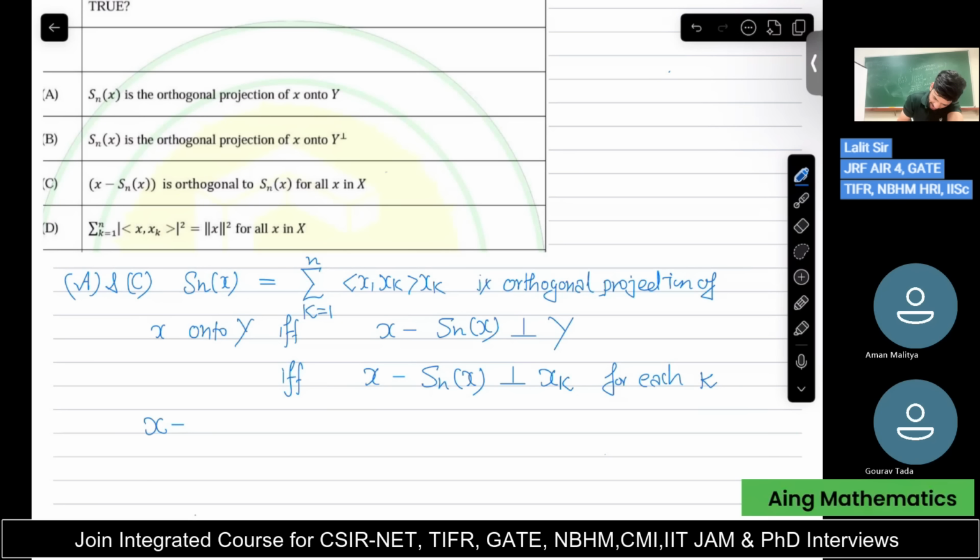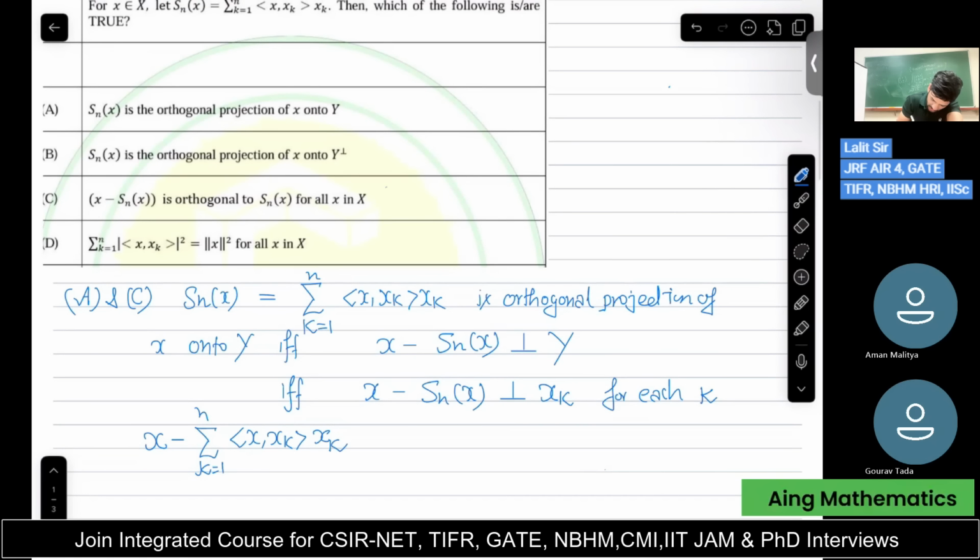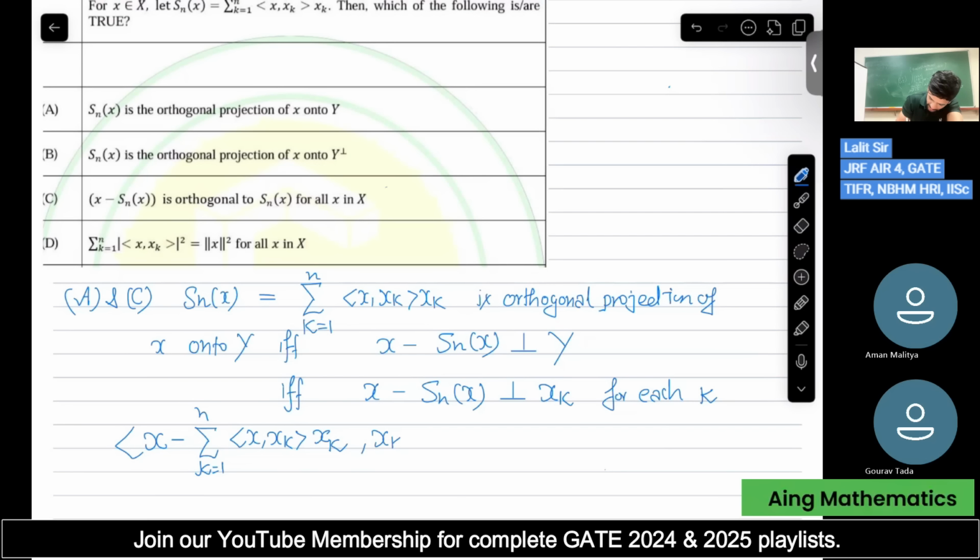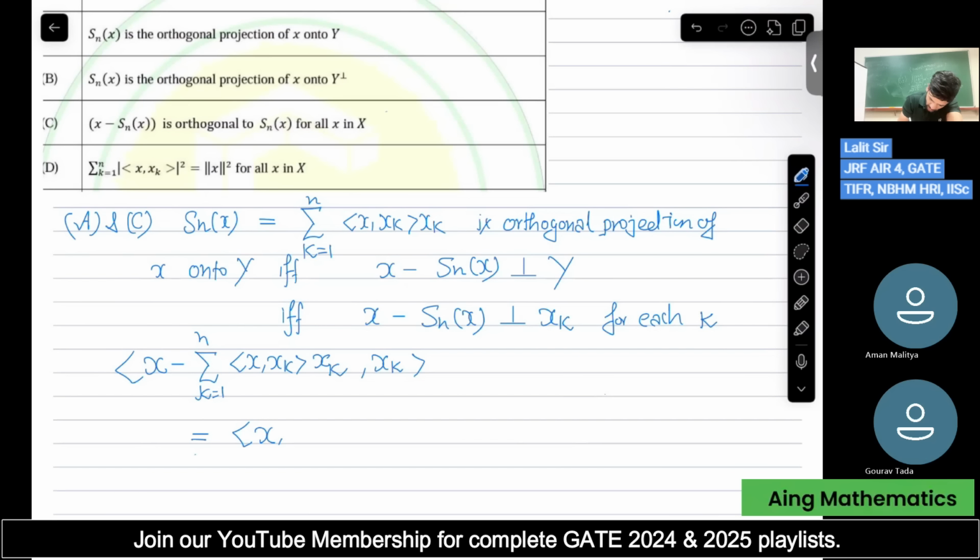But let's verify here, because many students will see it on YouTube. I will verify for each k the inner product of x minus the summation k from 1 to n of the inner product of x and x_k times x_k, with x_k. By linearity, this will be the inner product of x and x_k minus the summation of the inner products of x, x_k with x_k and x_k.